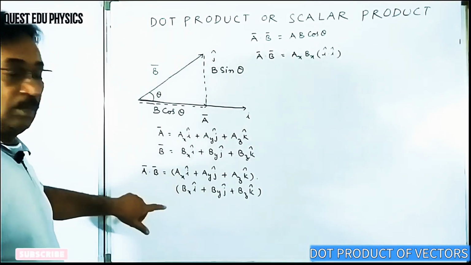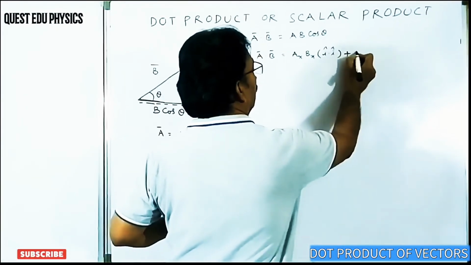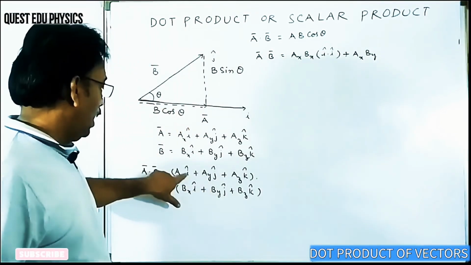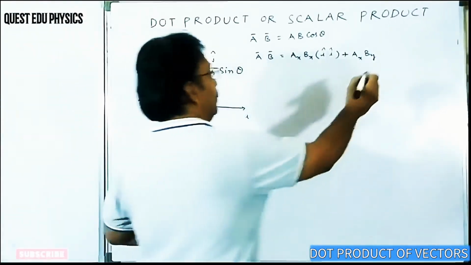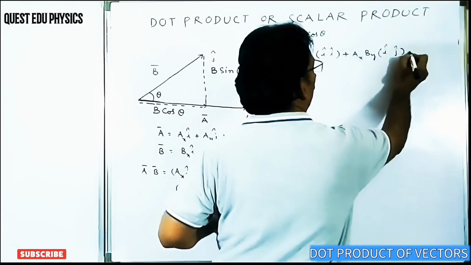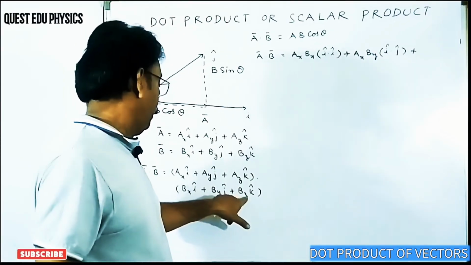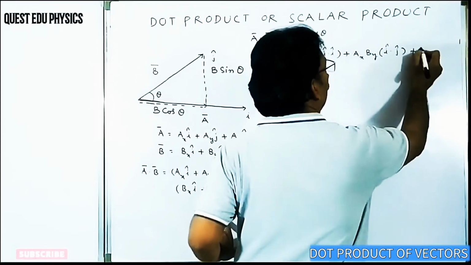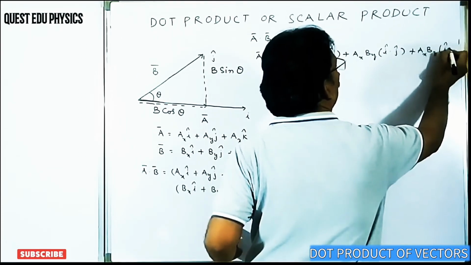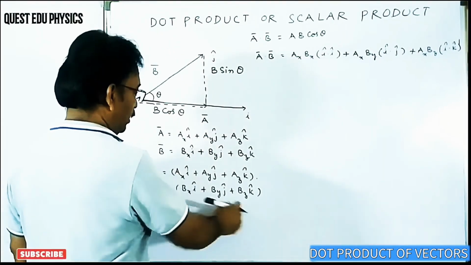The next term is plus Ax By, and see the terms, i cap dot j cap, plus Ax Bz, i cap dot k cap. Okay, we complete the first term.